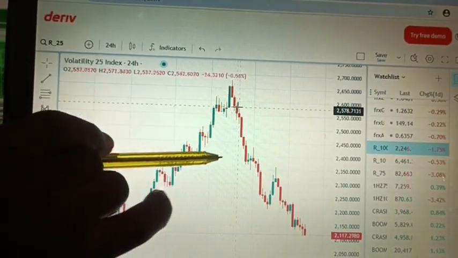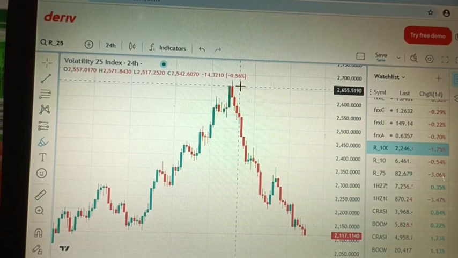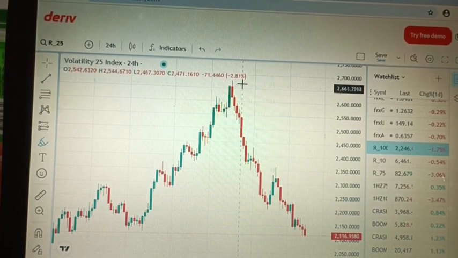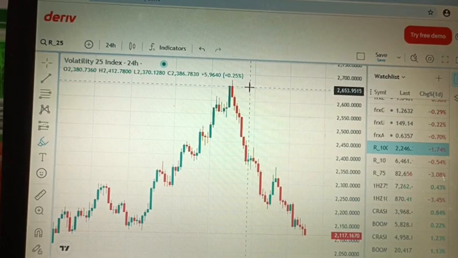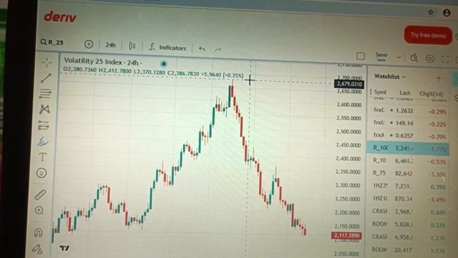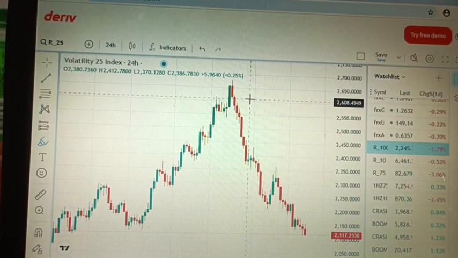This one started here, this one closed here. That is a green candle. But a red candle will start from here, like this one here. This one started here, went up here, and then came down and closed down here.